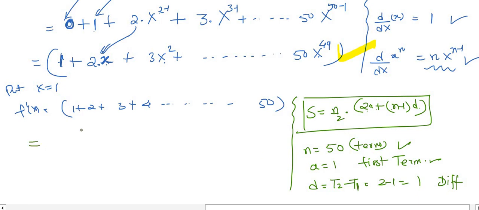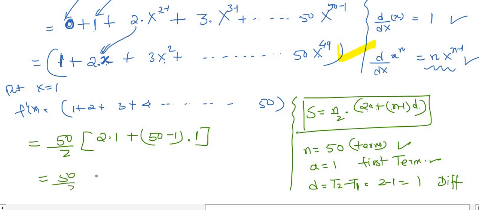So here if I apply the formula n by 2, so 50 by 2, 2a plus n minus 1, 50 minus 1 into D. D is how much? D is 1 only. So it will be 50 by 2 into 2 plus 49. Correct? And if you solve it, the answer is this. This is your answer. I hope you got it.